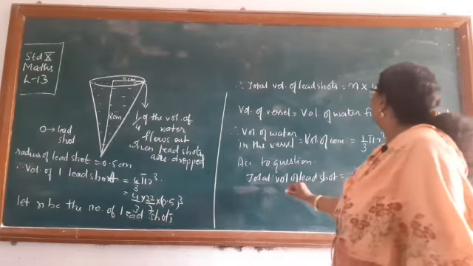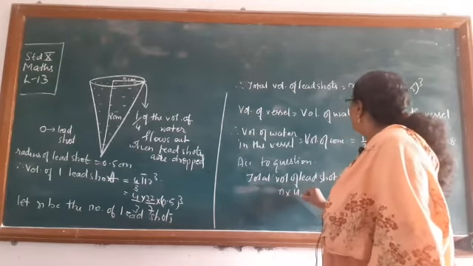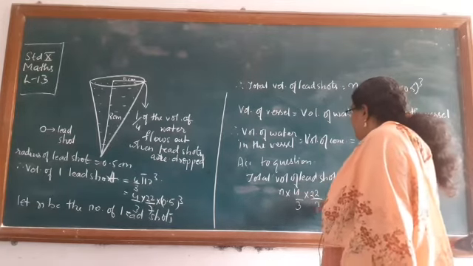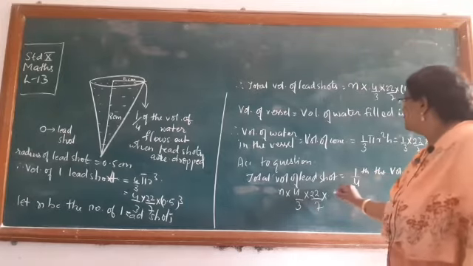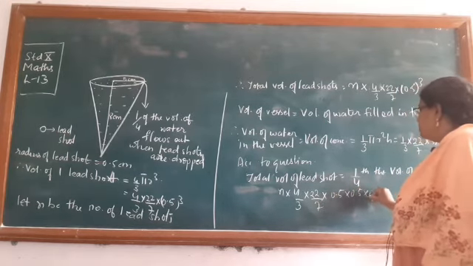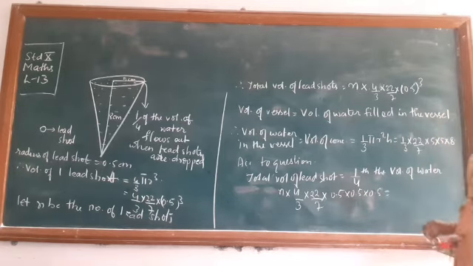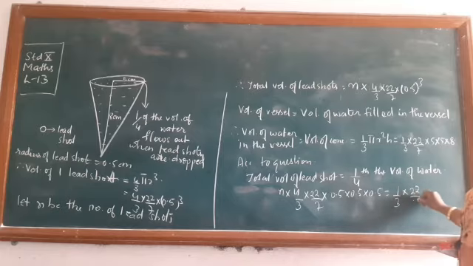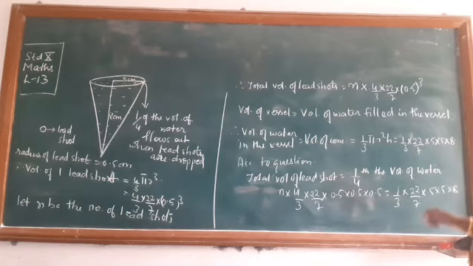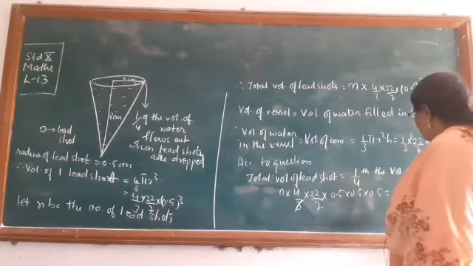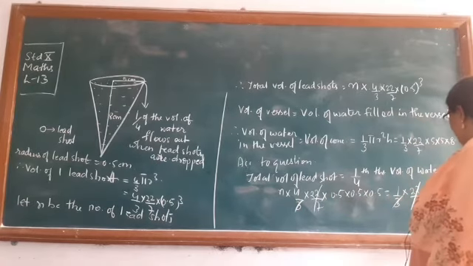So that will be n into 4 by 3 into 22 by 7 into 0.5 into 0.5 into 0.5, which is equal to 1 by 3 into 22 by 7 into 5 into 5 into 8. 3 and 3 cancel out. Okay, 22 by 7 cancel out.